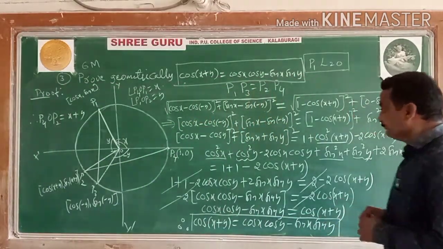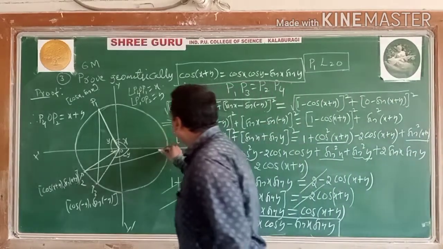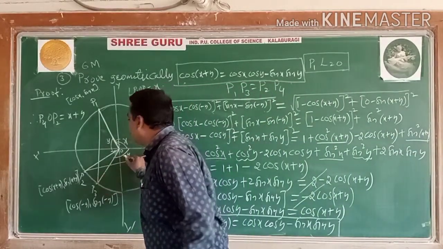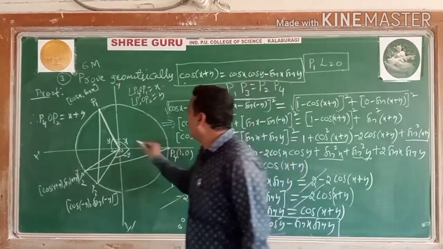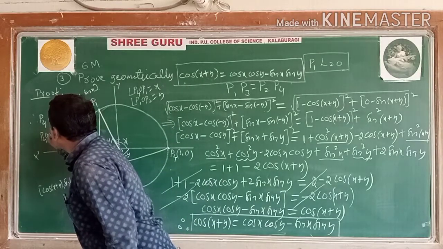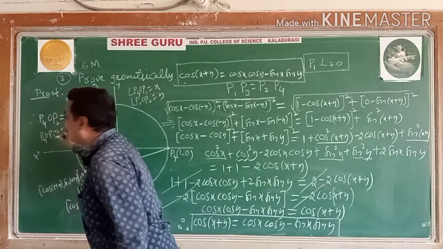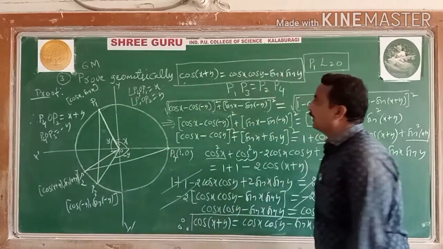The next one. I have taken angle P4 O P3 is equal to minus y, in the clockwise direction. What are the points?